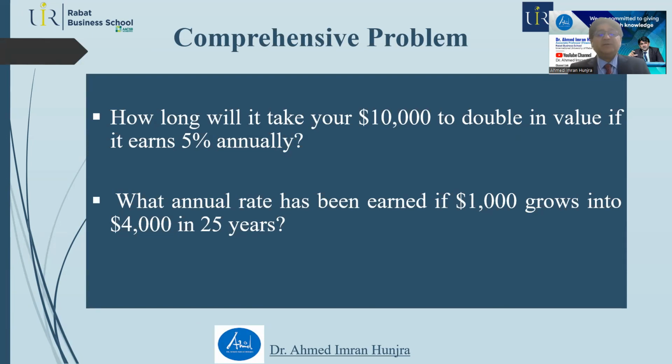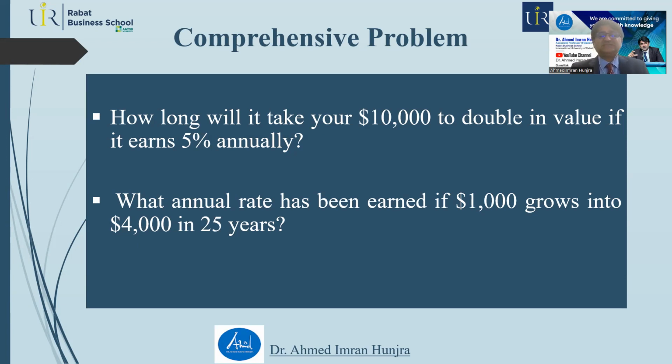So here we have a comprehensive problem. How long will it take for your 10,000 to double in value at the rate of 5%? We can find it by using the rule of 72, or we can use the formula, or we can calculate through the time value of money calculator. What annual rate has been earned if $1,000 grows to 4,000?